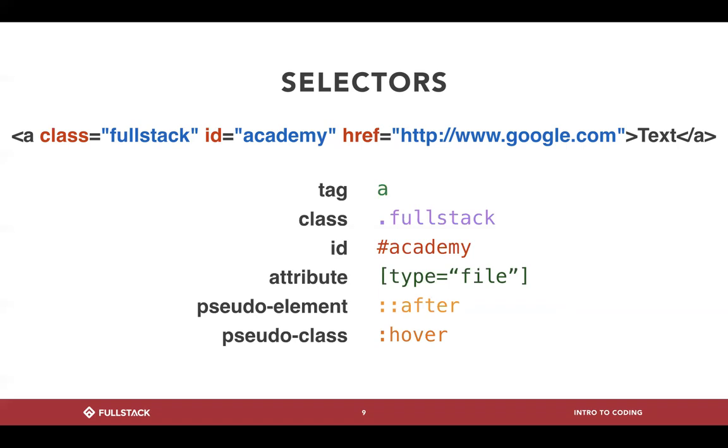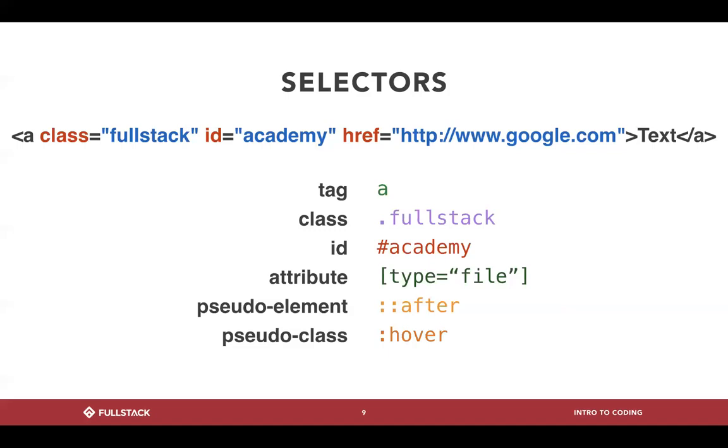We have another attribute here, like any elements that have a type of file, or we could even do this on this anchor tag, this link, where we say any elements that have an href of http://www.google.com, apply this style.